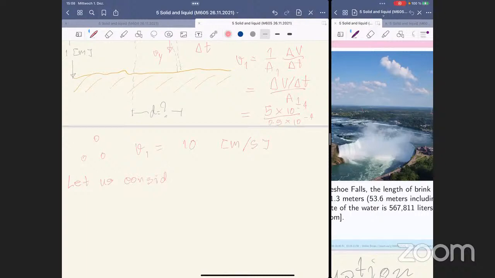Let us consider the motion of the water flow along the y-axis or in the vertical way.